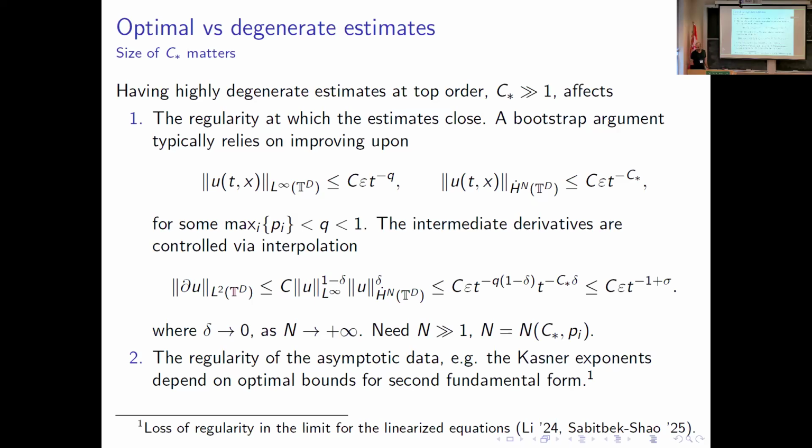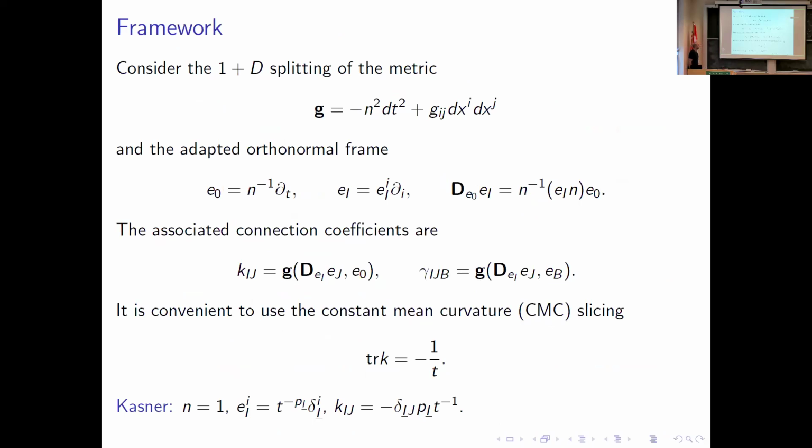Oh, time flies. Okay. All right, and now let's introduce a little bit of the framework. The variables that we know and love now, at least myself and maybe some other people, have to do with a D+1 splitting of the metric. You have a lapse, zero shift. You define an orthonormal frame that is propagated so that it's adapted to the level sets of t.